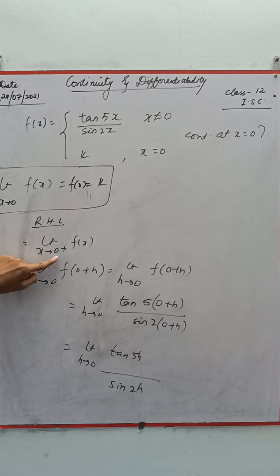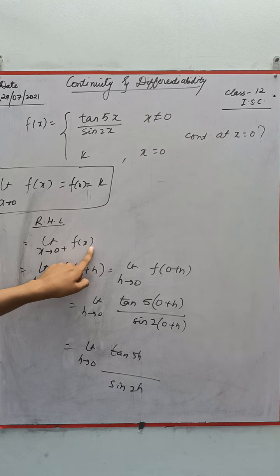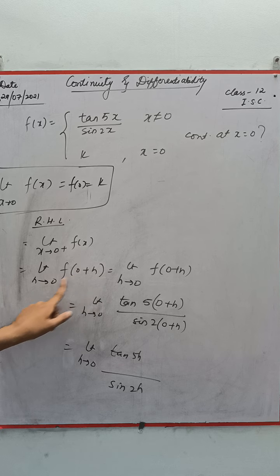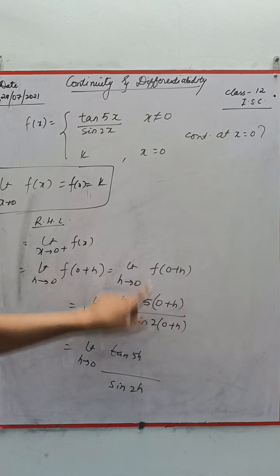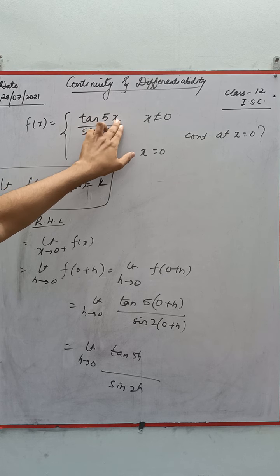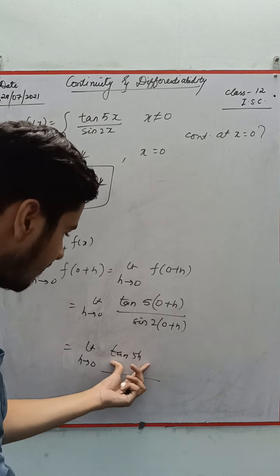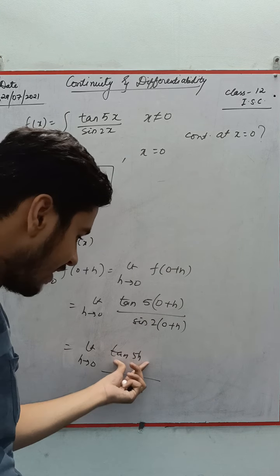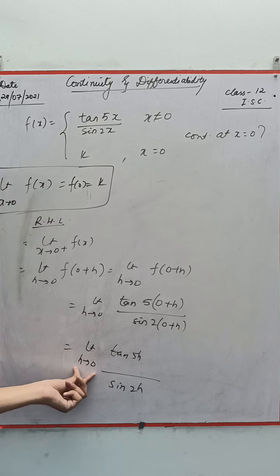Limit x tends to 0 plus of f(x), because at x is equal to 0, in place of x we put 0 plus h, h tends to 0. So f(0 plus h), on putting the value of 0 plus h in place of x, gives tan 5h upon sine 2h. Now you know what you have to do by using the formula: limit h tends to 0.